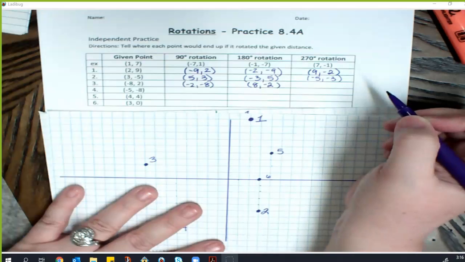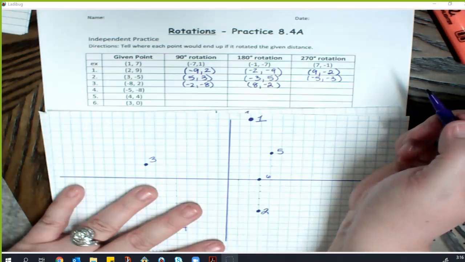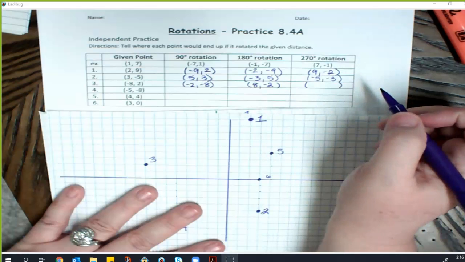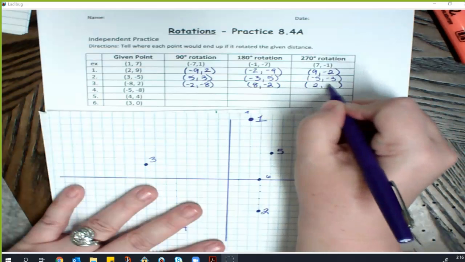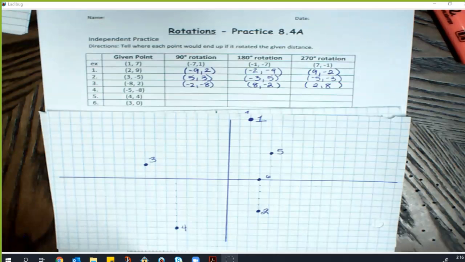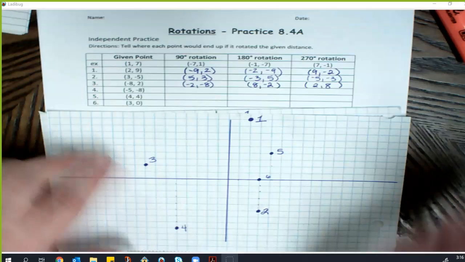Very good. What about 270 for number 3? 2, 8. Very good. Does anybody need to see me actually rotate these with my patty paper? Scanning online, I don't see any yeses. Okay. All right, let's go to number 4.